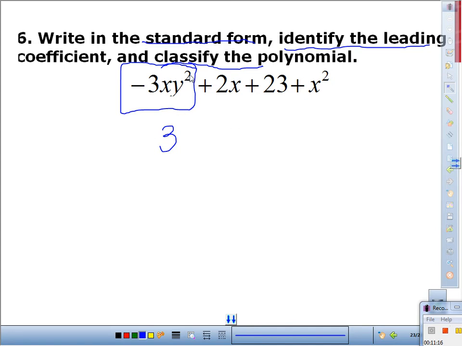Because y to the second is a 2 and x has a 1, so 2 plus 1 is 3. So therefore, the degree of each term is the sum of the exponents on the variable. I'll repeat that again. The degree of each term is the sum of the exponents of the variable.